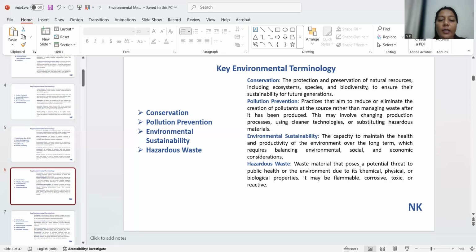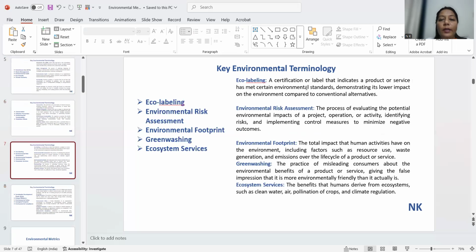In eco-labeling, a certification or label indicates that a product or service has met certain environmental standards, demonstrating a lower impact on the environment compared to conventional alternatives. Environmental risk assessment is a process of evaluating potential environmental impacts of a project, operation, or activity, identifying risks, and implementing control measures to minimize negative outcomes.